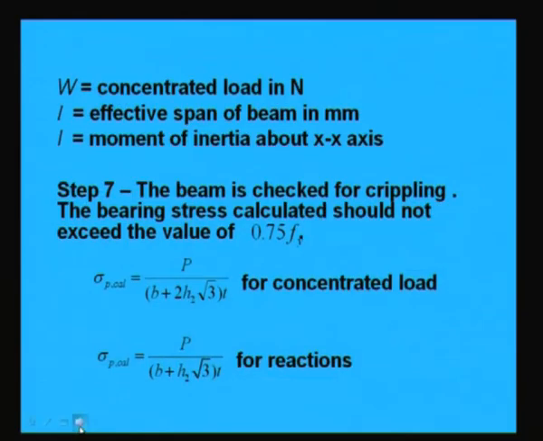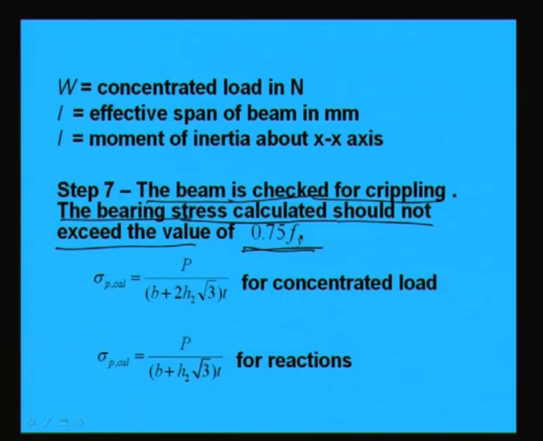Next, we will see that it should not fail against crippling. Last day we showed how crippling affects, right. So, the beam is checked for crippling. The bearing stress calculated should not exceed the value of 0.75 Fy.